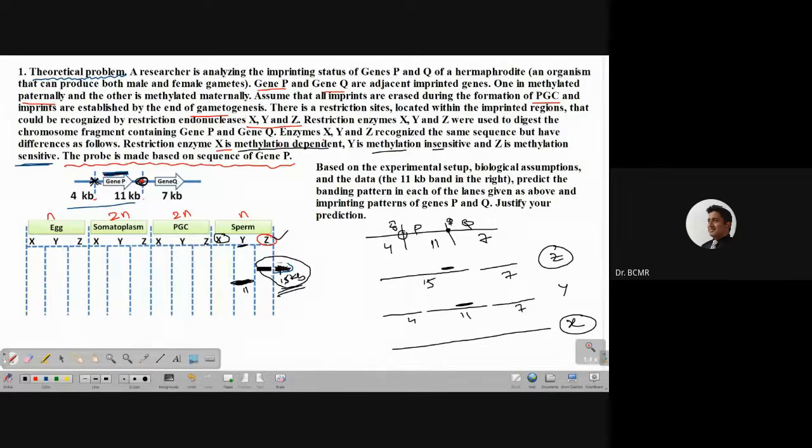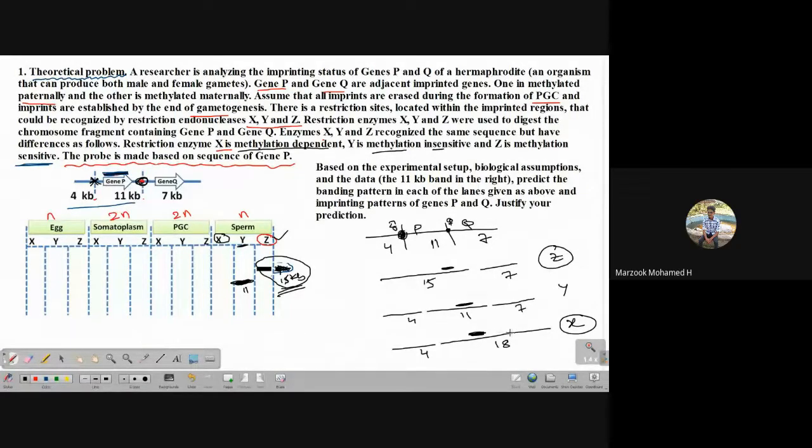That means this region would have been methylated, which means X would have cleaved this DNA only here, which will result in the fragments 4, 11 plus 7, 18 kb fragment. Did you understand that? And this will be detected.